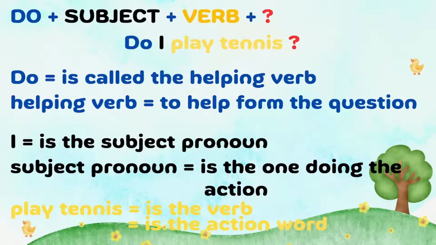And next, this one, the I, as I said earlier, is the subject pronoun. When we say subject pronoun, it is the one doing the action or the one we are talking about.